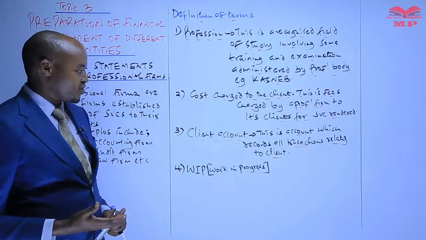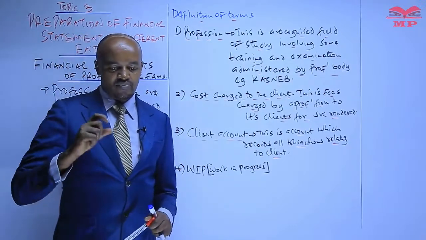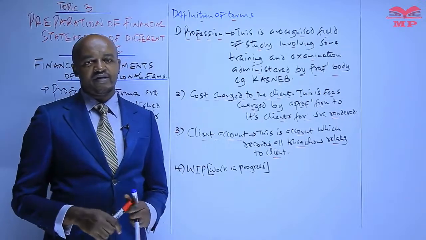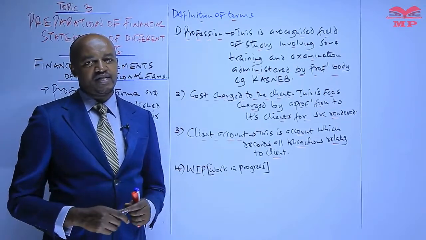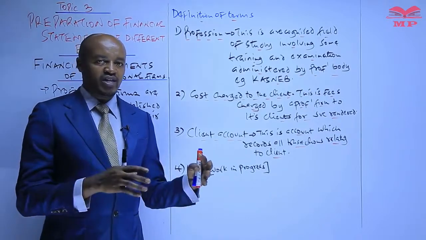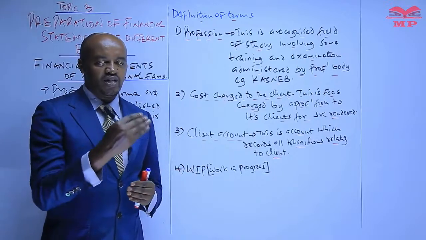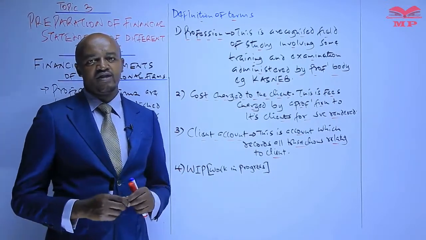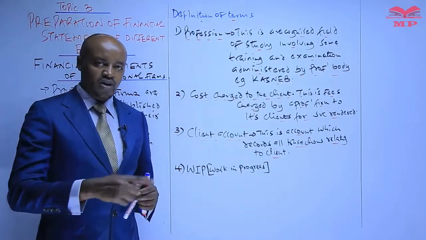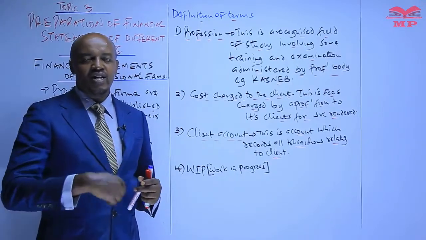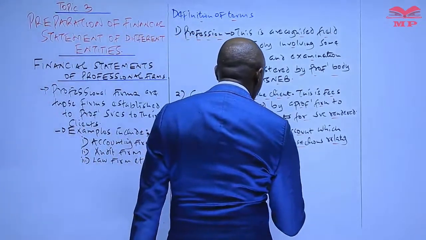Assuming you have a professional firm, like an audit or an accounting firm, and you are providing certain services to a client, but when the year is coming to an end you have not yet completed those services, it means you have not invoiced your client for the client to be able to pay. So we say that this is still work in progress, work which is still going on when the year is coming to an end.